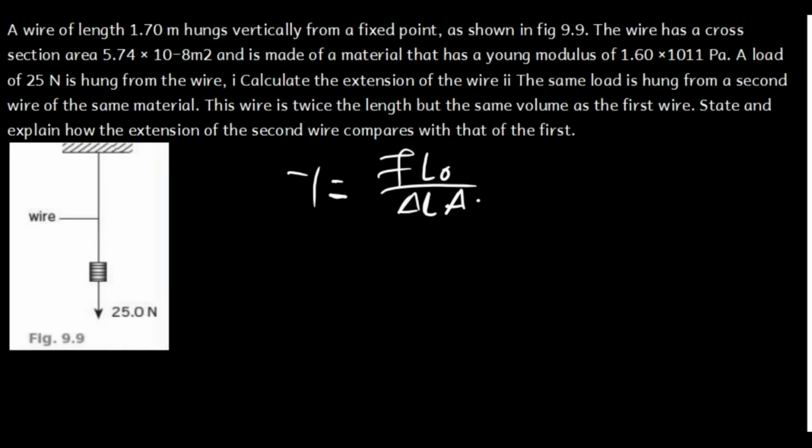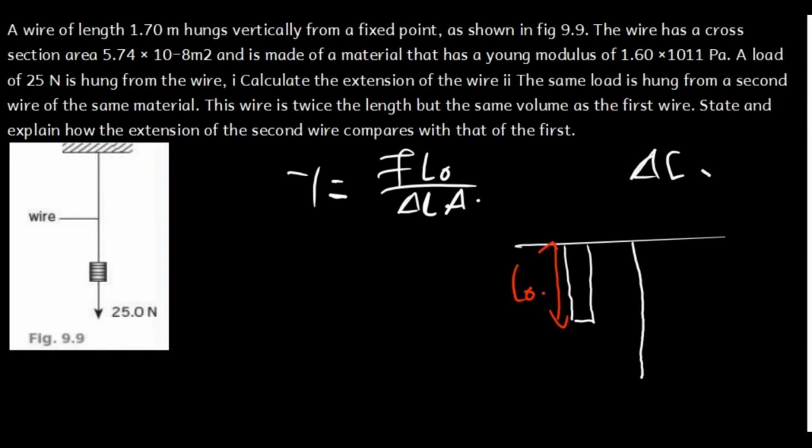Remember I said extension is the change in L. Let's say we have a wire. Here is our first wire. The original length, from here all the way to there, is L initial. Now the same wire, if we apply a force, is going to be extended to some length somewhere here.